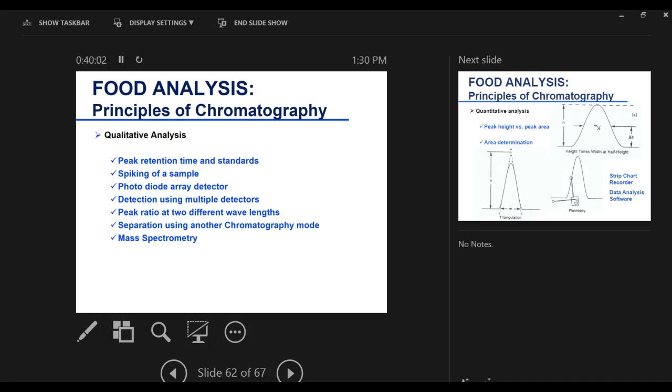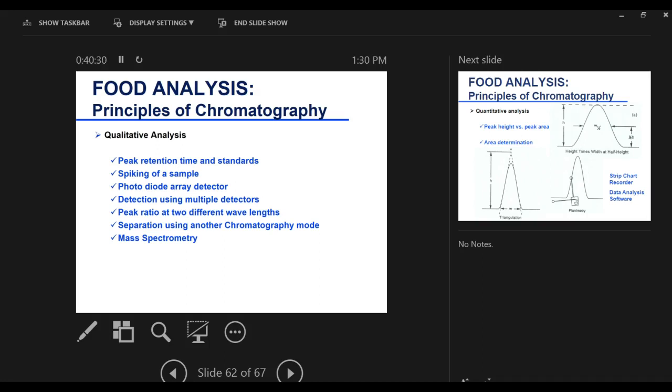That means the wavelength, let's say this is 280 for proteins, at which you have maximum absorption. So this spectra gives me another form of identification. Other than retention time, I can compare the absorption pattern and determine whether or not this is the compound of interest.